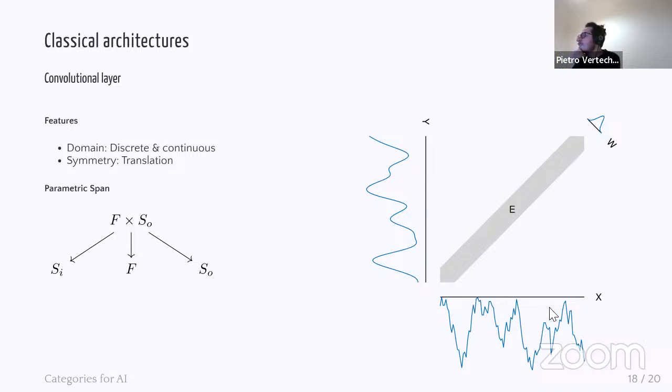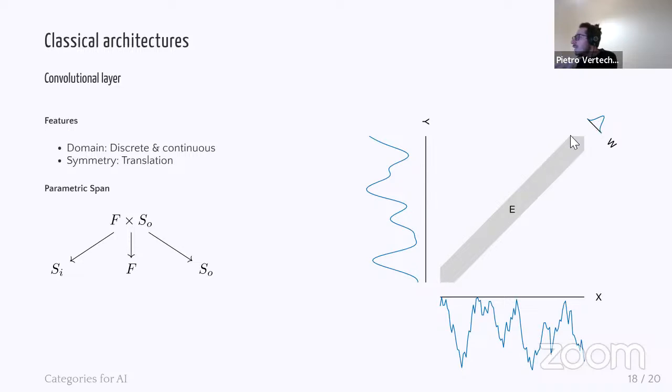I'm doing it for 1D convolution, because otherwise it would be a nightmare to draw. And the idea is that 1D means that X is a line, Y is a line, and the filter W is again a line. And this is our input signal, this is the output we're gonna get, and this is the filter against which we're gonna convolve.